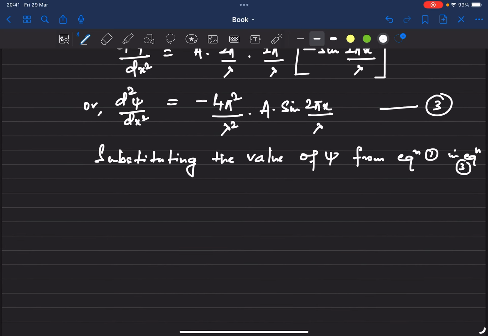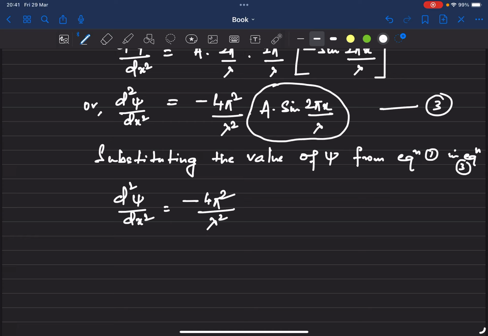What do we get now? d2 psi by dx square is equal to minus 4 pi square divided by lambda square. So what is the value of psi? This entire thing is the value of psi. That's why in place of a sine 2 pi x by lambda, we are going to substitute that term with psi.